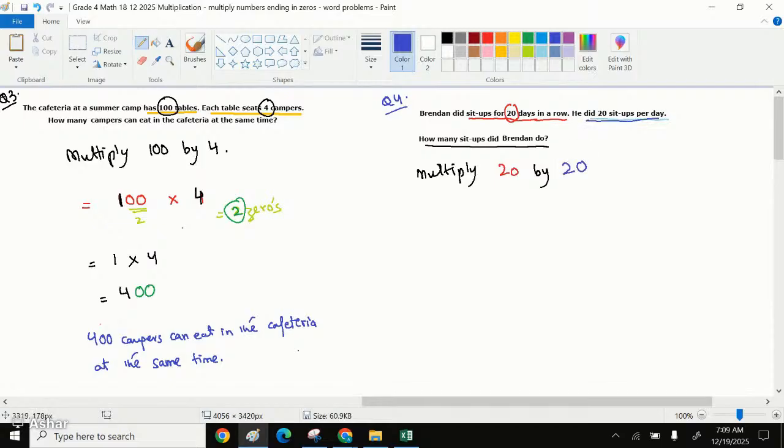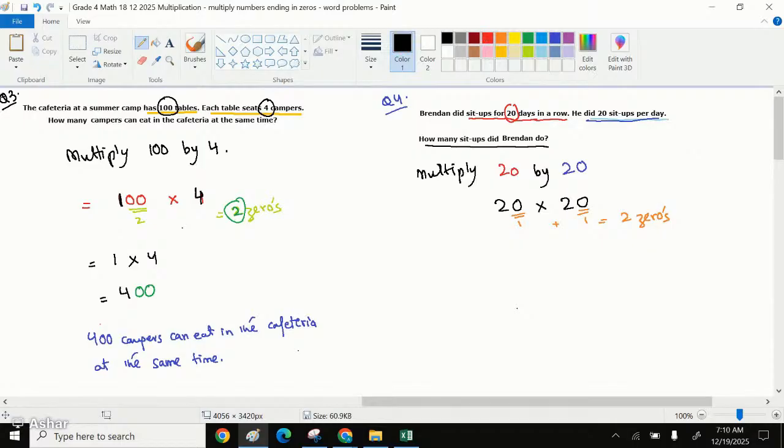We can write this as 20 multiplied by 20. Let's count the number of zeros. There is 1 zero here and 1 here, so the total number of zeros is 2.